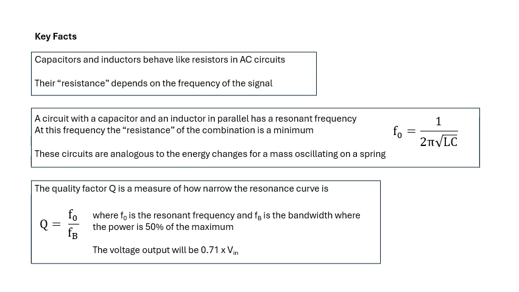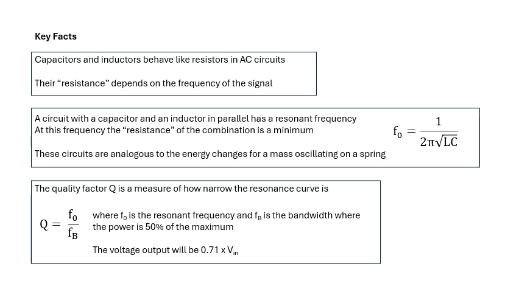These circuits are analogous to the energy changes for a mass on a spring. To work out the resonance frequency, it's 1 over 2 pi root LC, where L is the inductance, measured in Henrys, capital H, and C is the capacitance.